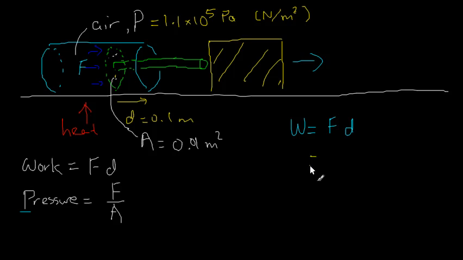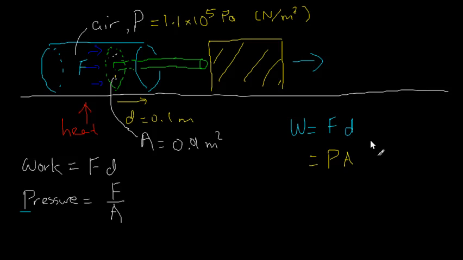Now force is actually pressure times area. We need to use the pressure and area because we don't know the force directly. Usually for air we can measure the pressure, and for the piston we can measure the area. So pressure and area is what we normally measure.